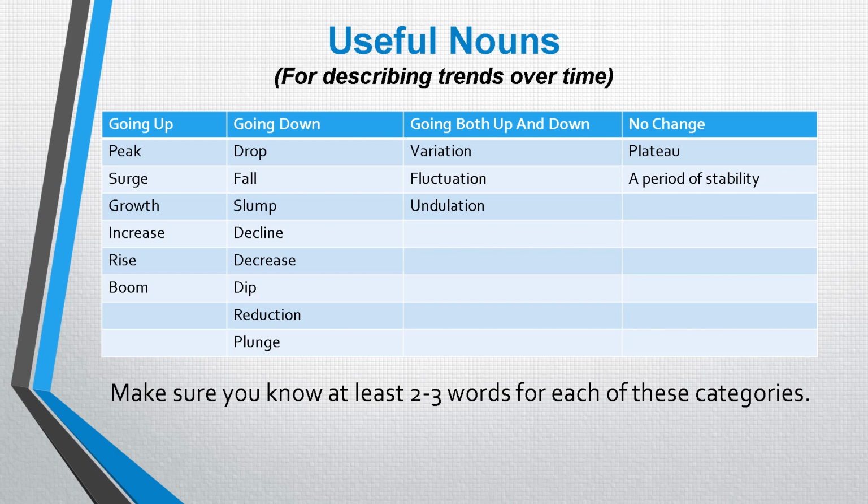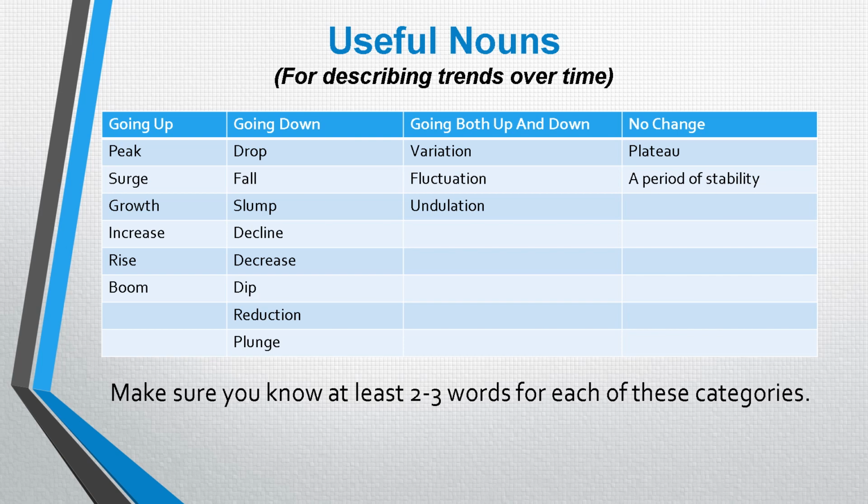So we're going to have a look at some word lists now before we have a look at some actual grammatical structures. And this first list is useful nouns. These nouns are excellent for use when describing trends over time, as you would do in your overview paragraph.